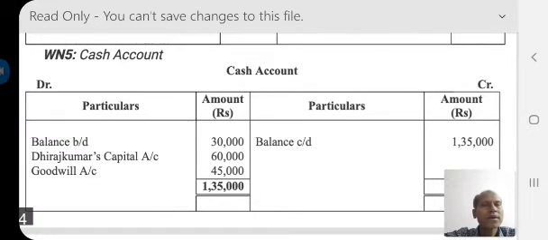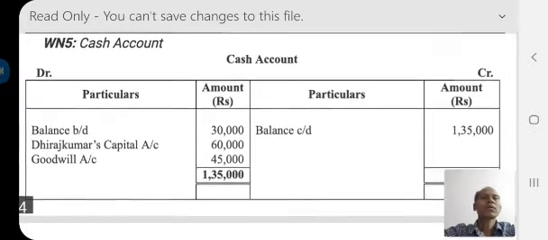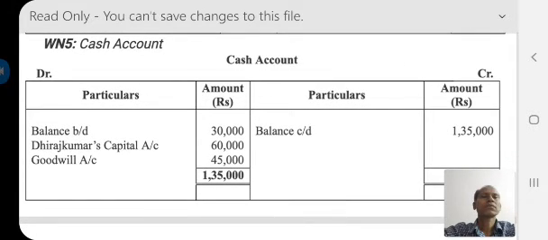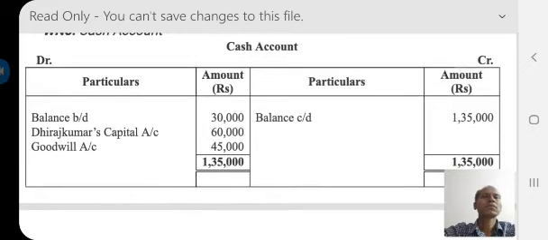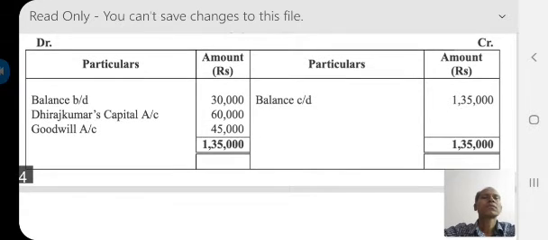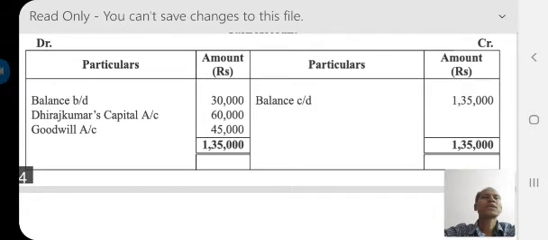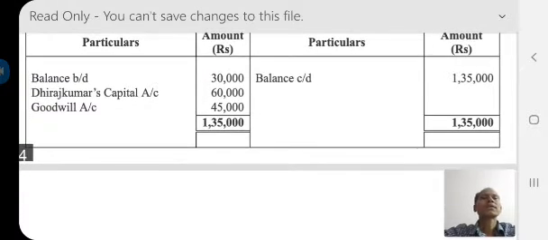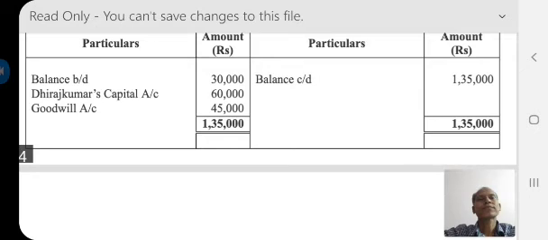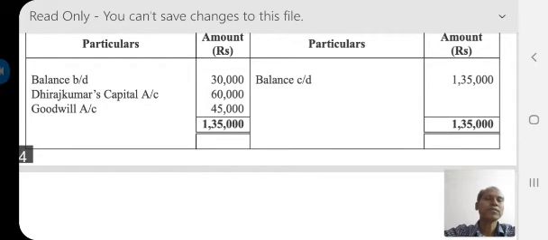And cash account debit to goodwill account, 45,000. So 30,000 is the beginning balance, 60 is the capital, 45 is the goodwill.